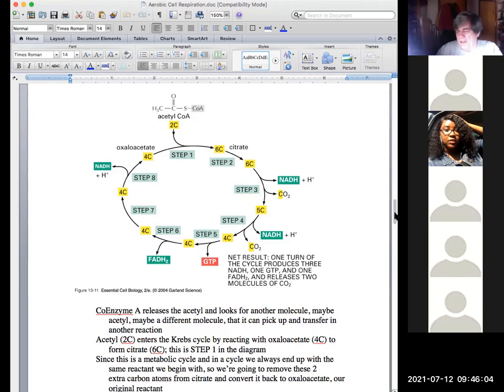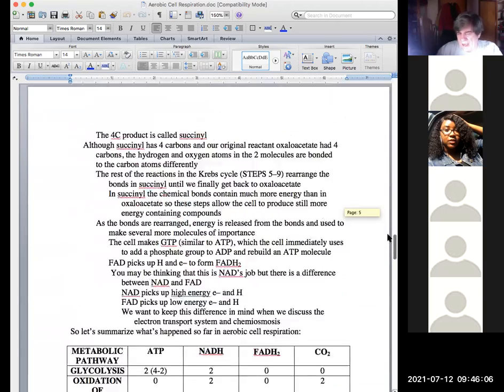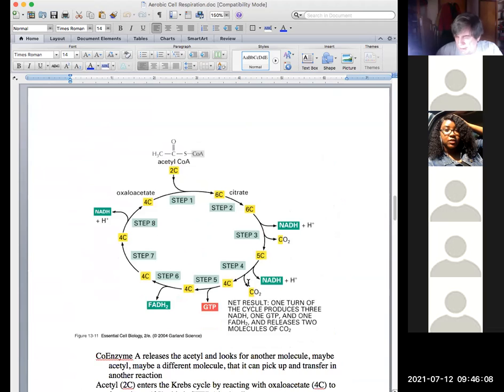Keep in mind, all these molecules are named further down in the text description. Alpha ketoglutarate loses another carboxyl group. Remember, we said this is the tricarboxylic acid group. So there's 3 COOH groups. So when it loses another carboxyl group, it loses the CO2, and again, it loses hydrogens.